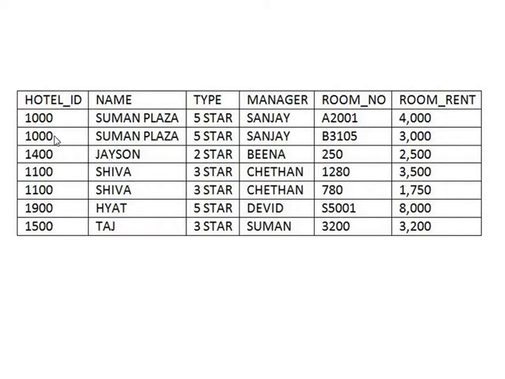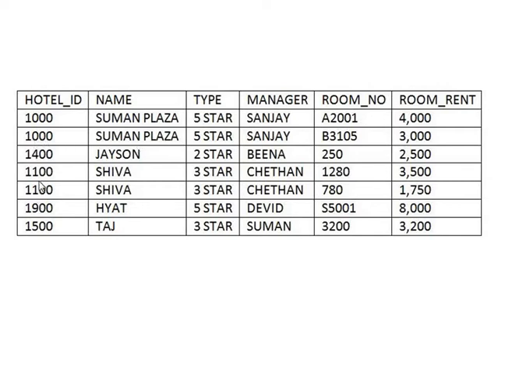Here you can find some duplicate rows. For example, 100 Suman Plaza, room number 82001, 4000, and there is another row with a different room number and different rate, but the same hotel.